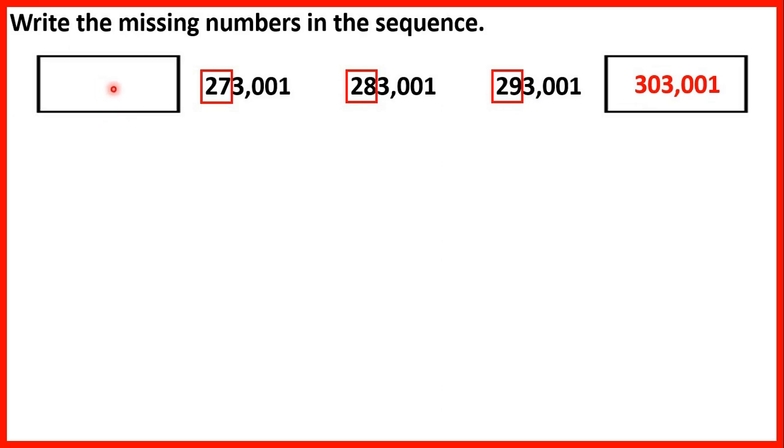So now we need to find the number in the sequence that's before 273,001. That must be 263,001, because the 3001 always stays the same, and then the number before 27 is 26.